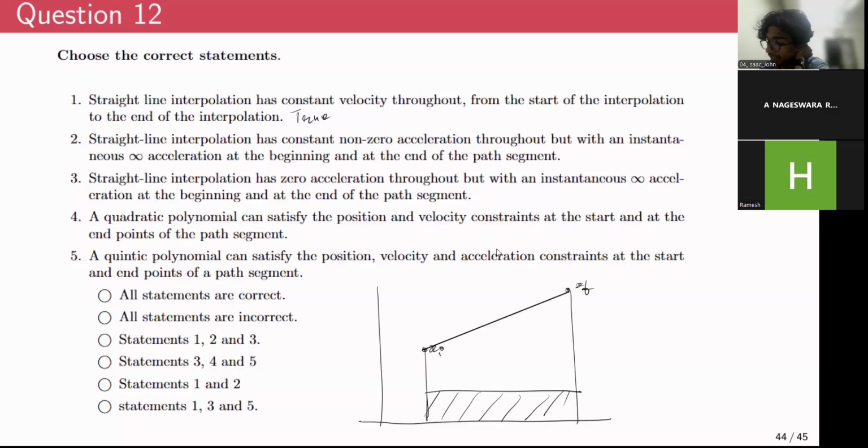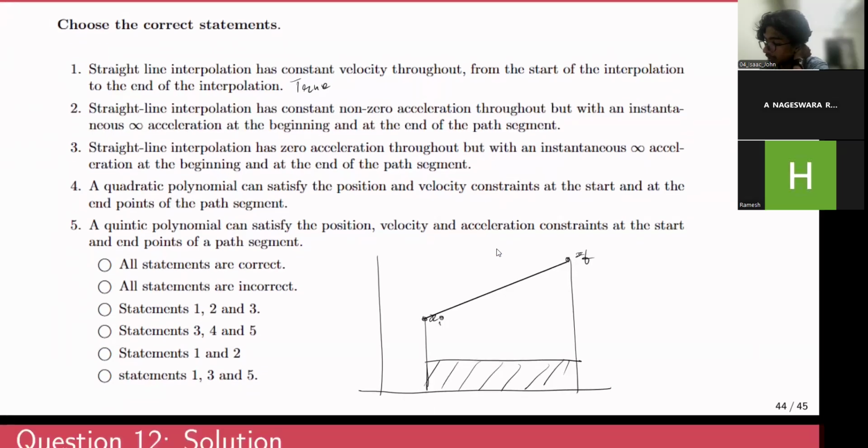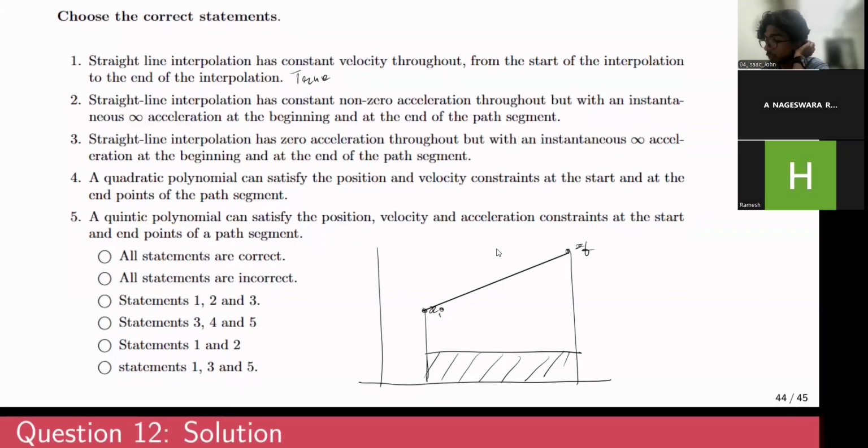Second statement, straight line interpolation has constant non-zero acceleration throughout, but with instantaneous infinite accelerations at the beginning and at the end of the path. So for straight line, we already know that we have a constant velocity. So the derivative of a constant velocity would be zero acceleration, right? So acceleration will be zero actually throughout.